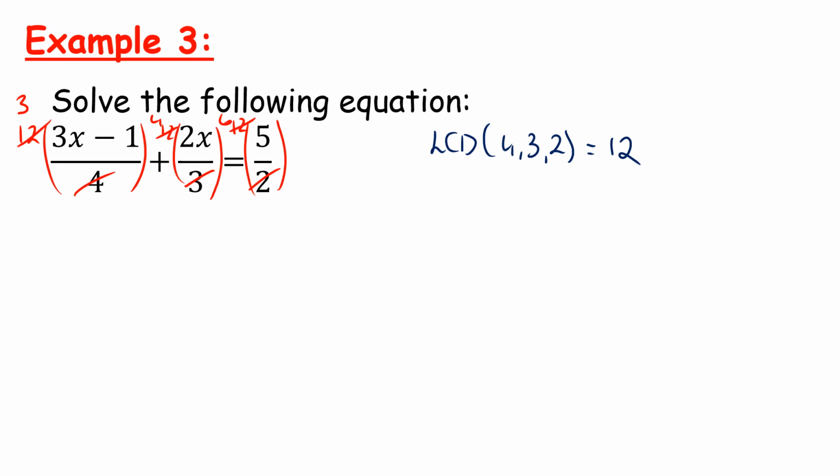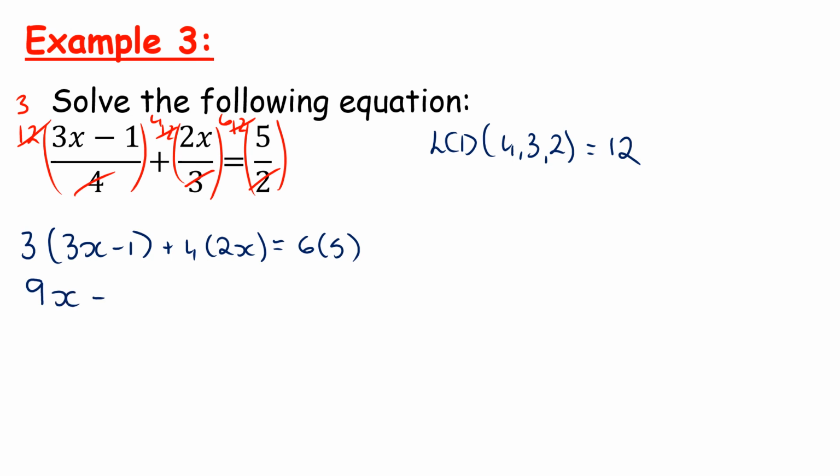I do a little bit of simplifying first, and then I have 3 times 3x minus 1 plus 4 times 2x, and that equals 6 times 5. And then I get 9x minus 3 plus 8x equals 6 times 5, 30. Here I have 17x minus 3 equals 30.